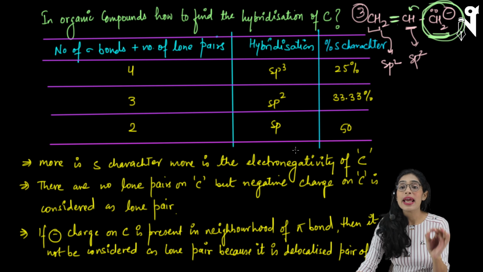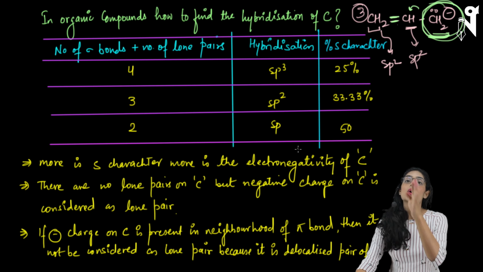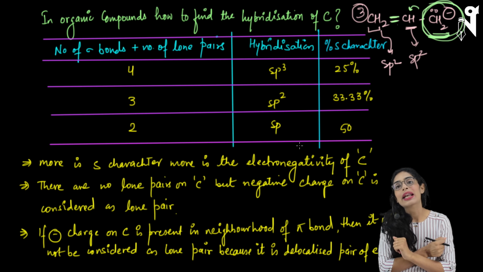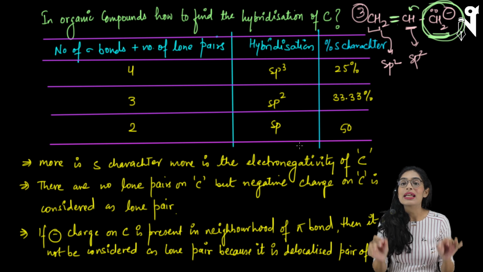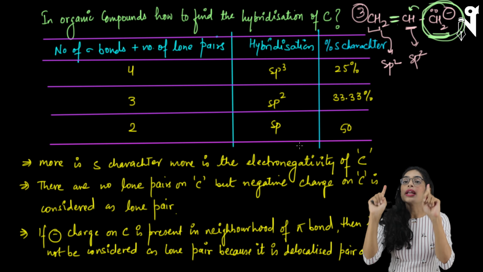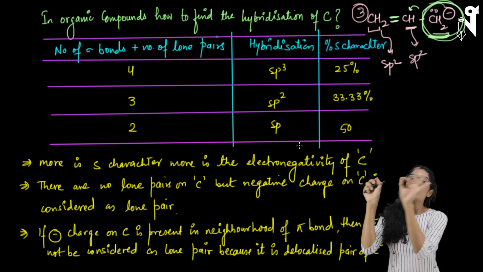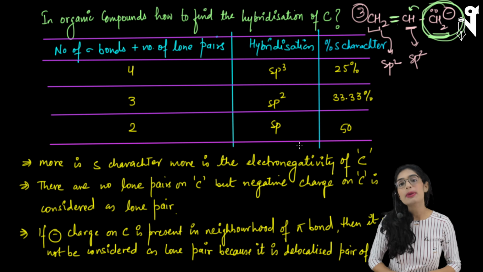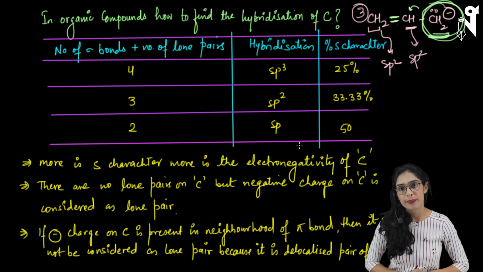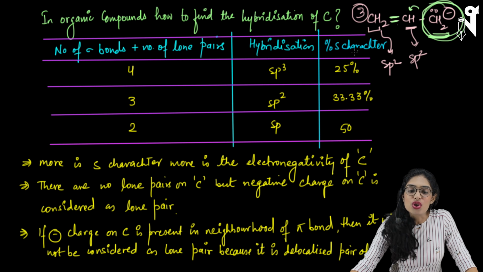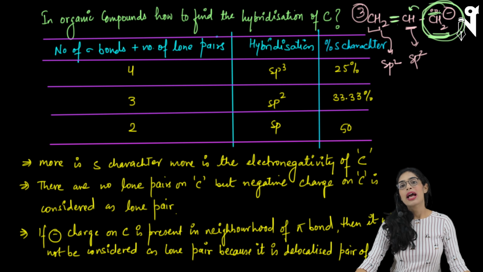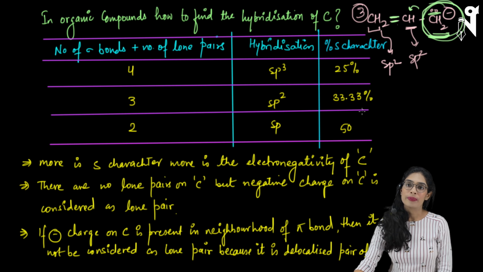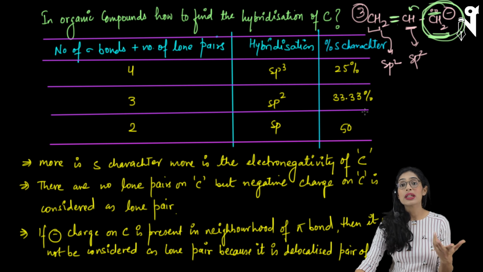So in any such compound where your negatively charged carbon is a neighbor of the carbon carrying a double bond, in that case the lone pair which is causing the negative charge will not be considered as a lone pair. That means we will just ignore this pair of electrons and will not count it for our lone pair calculation.